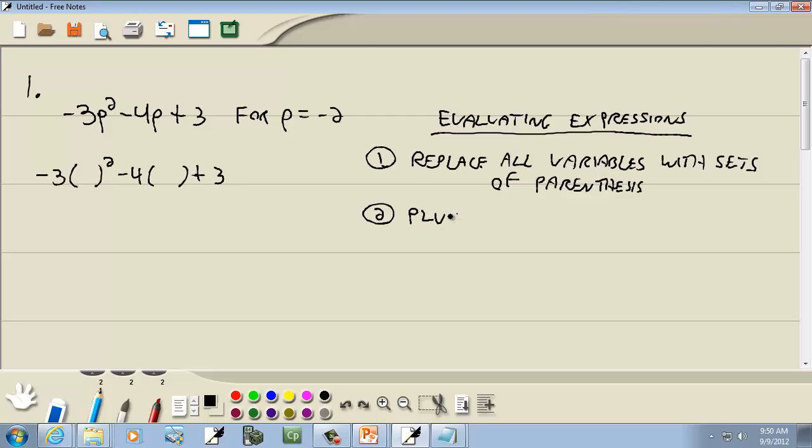Now step 2. Plug in the appropriate number. Not that I can spell. I write so sloppy you can't see it. I misspelled it. Plug in the appropriate number in the parentheses. You know, I used to be really good at spelling. Let me go back there and try that again.